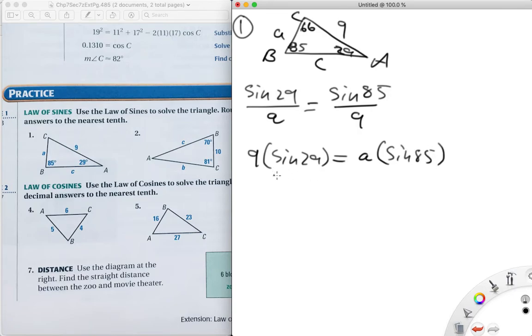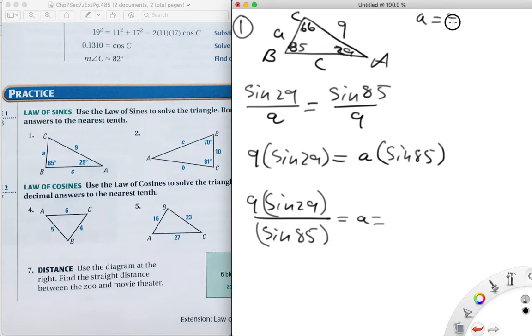Divide both sides by sine of 85, and I get 9 sine of 29 over sine of 85 equals A, and I get that A is equal to 4.38.